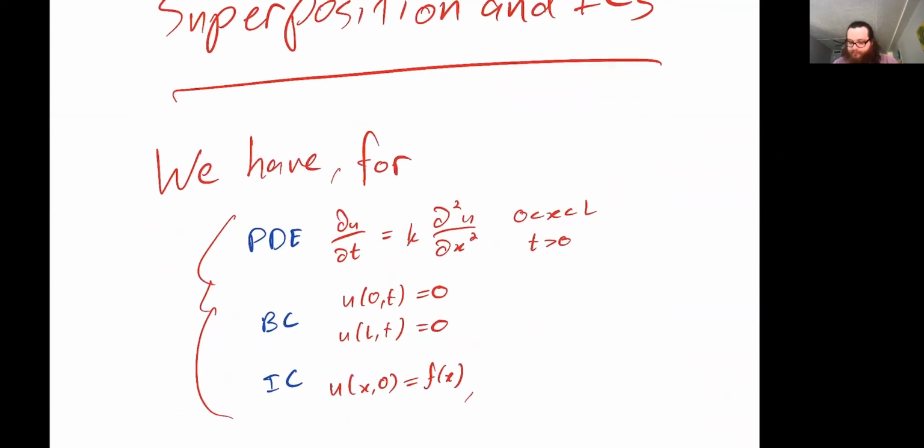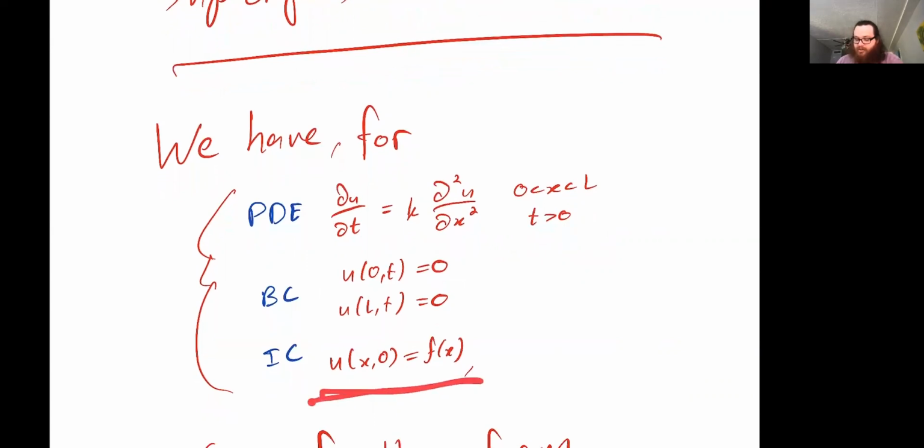Again, the PDE that we're interested in is the heat equation on a rod for positive time. For boundary conditions, we're saying the temperature has to be 0 at the endpoints for all time. And then our initial condition is just going to be some initial temperature profile.